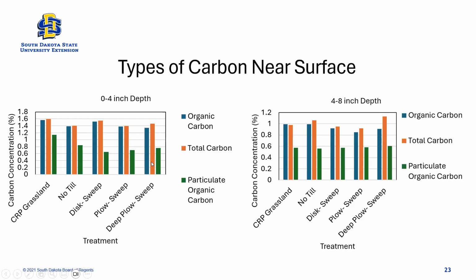The crop treatments had less particulate organic matter carbon than the CRP in the 0 to 4 inch depth, which I would expect because they were in a fallow for a year in the crop rotation they were in.